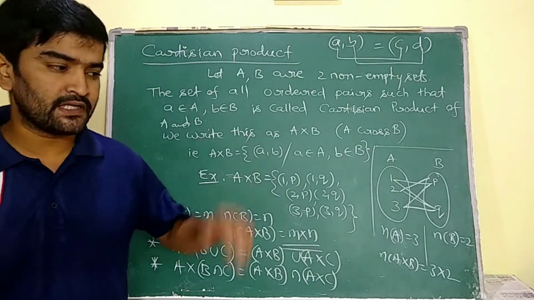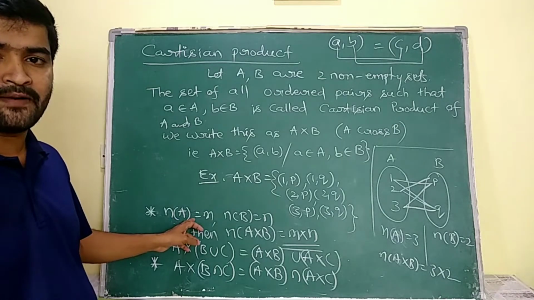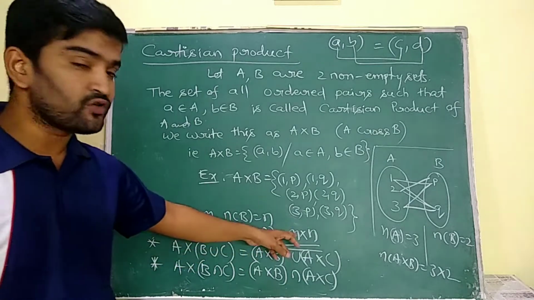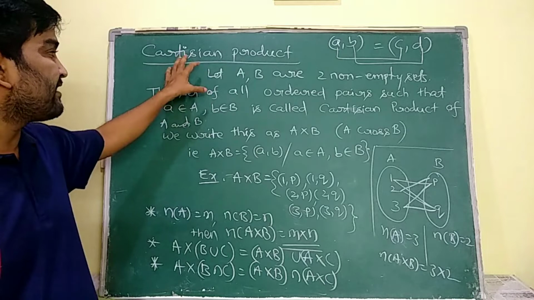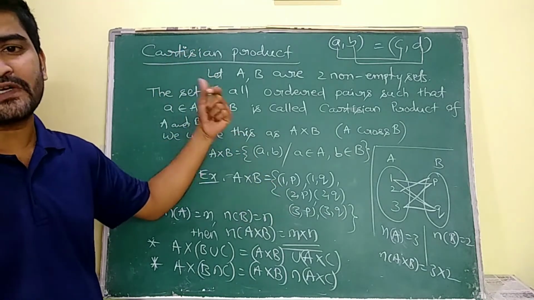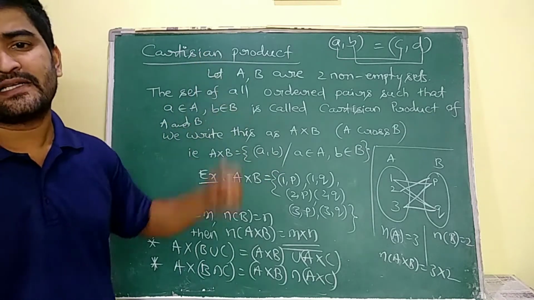Remember that. And if one set has m elements and the other set has n elements, then A cross B has m into n elements. One more thing: A cross B is a set of ordered pairs where the first coordinate belongs to the first set and the second coordinate belongs to the second set.